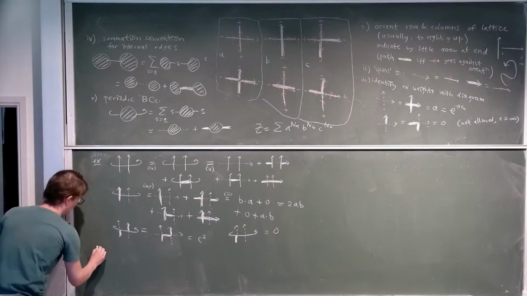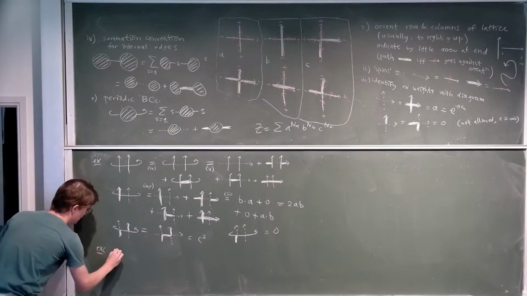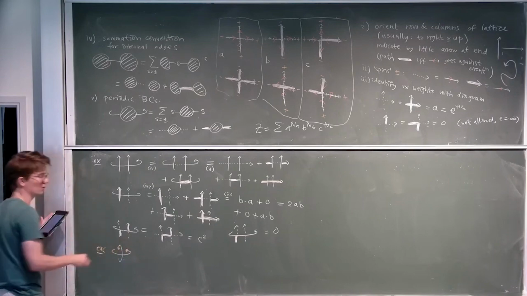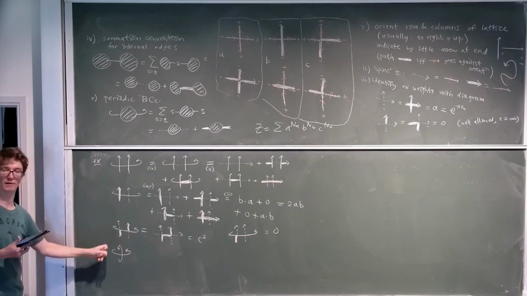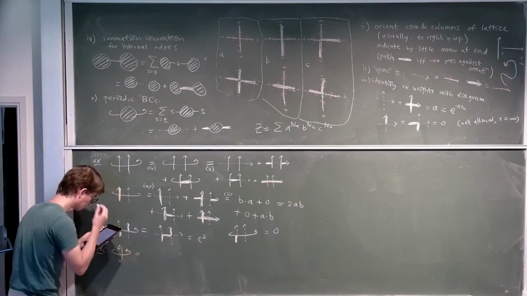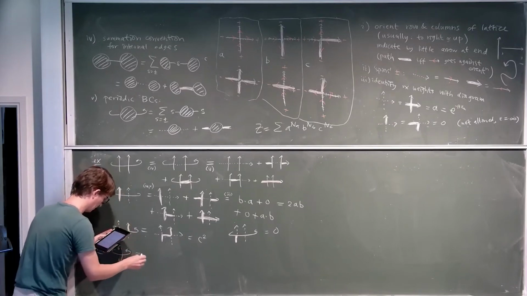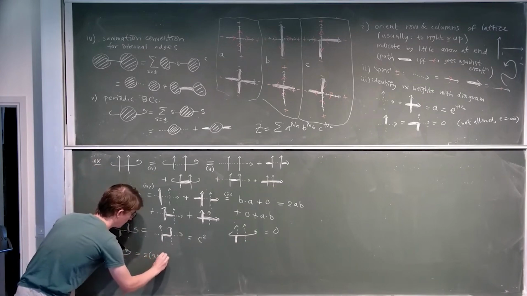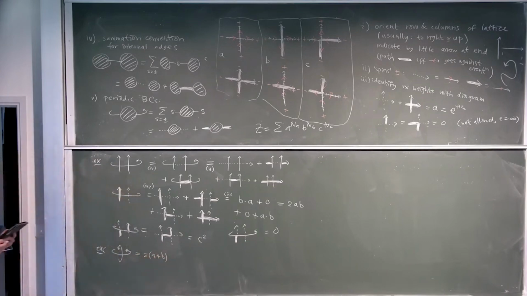Here's a little exercise. You can take this picture like that, a horizontal periodic line and also a vertical periodic line. And then you can check that this is 2 times 8, must be. Oh, so easy one, but 0.